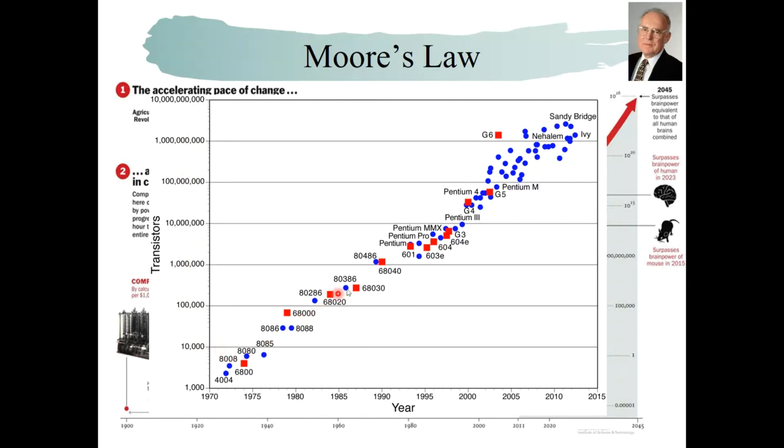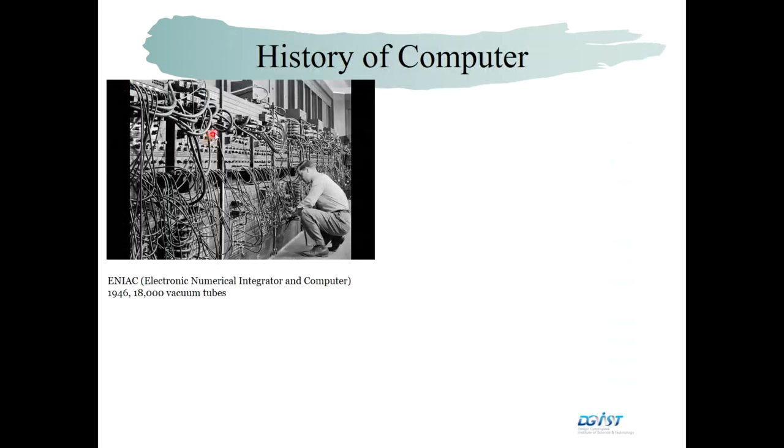So this is almost linear. That means they started from 1,000 transistors 50 years ago, but now we have more than billions of transistors in a single chip. So this is the history of the computer.